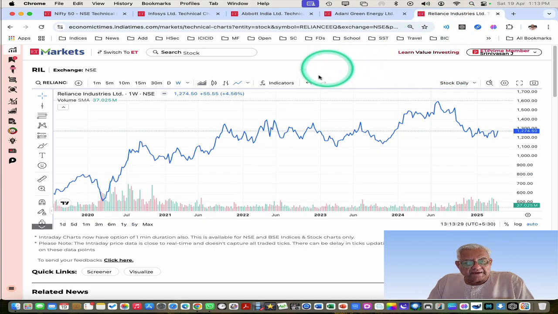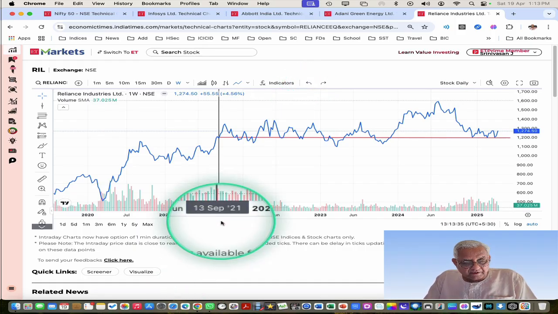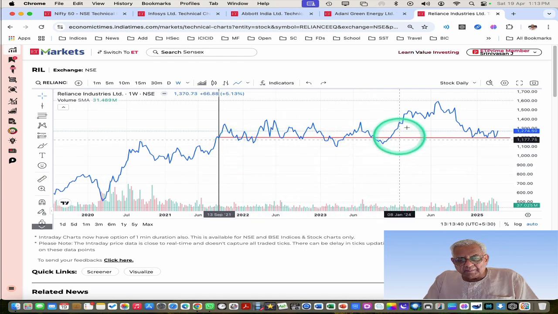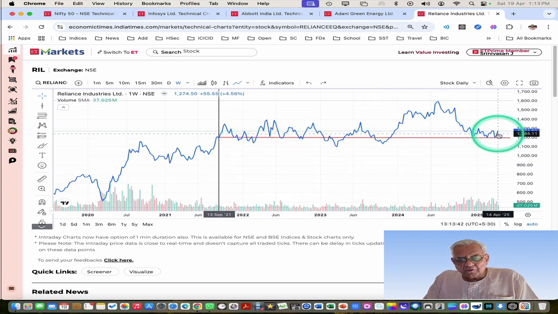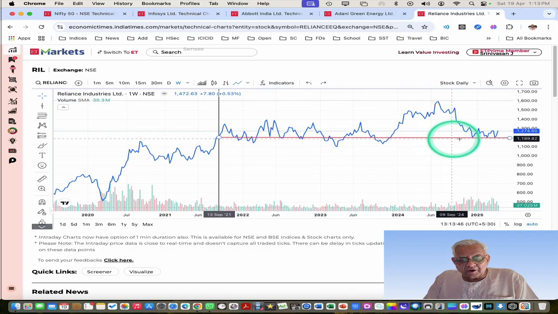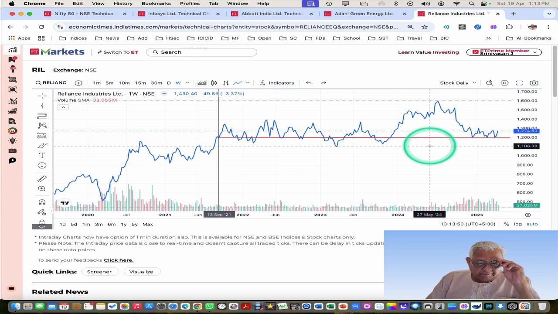Same for Reliance. If you look at Reliance, since 2021 it has hovered up and down. Okay, it's a strong stock, no doubt, but it has not given you any appreciation in price.